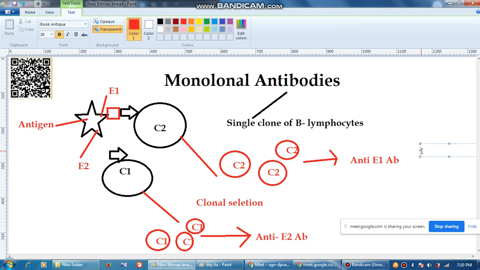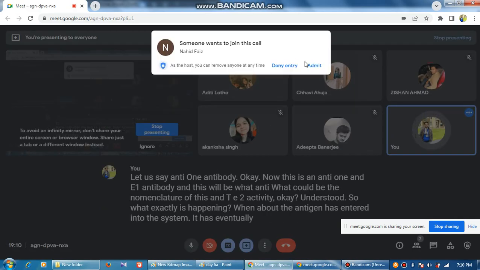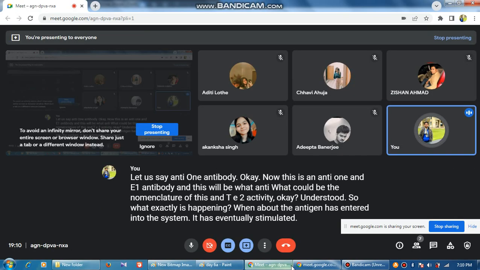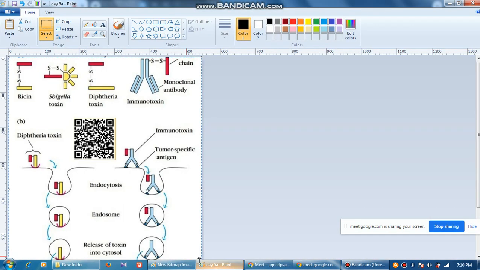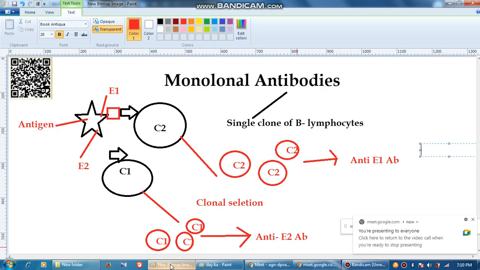Whenever the antigen has entered the system, it has eventually stimulated the production of B lymphocytes. These B lymphocytes have certain cell membrane receptors on their surface, which interact with the different epitopes of the antigen. Usually an antigen is a multi-epitope entity.